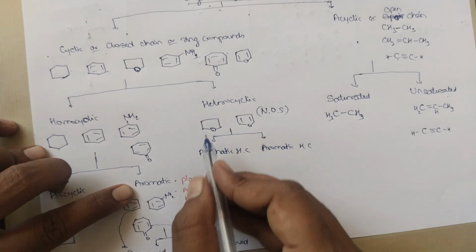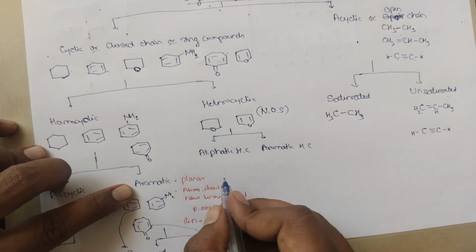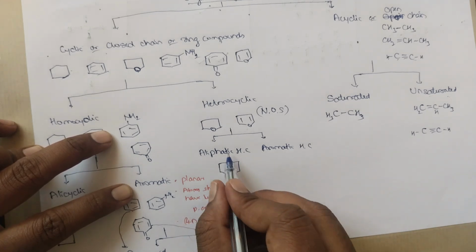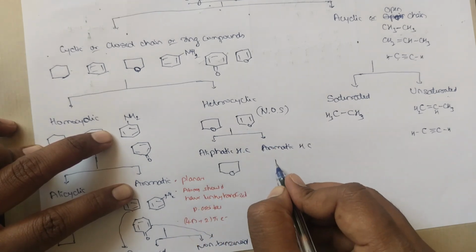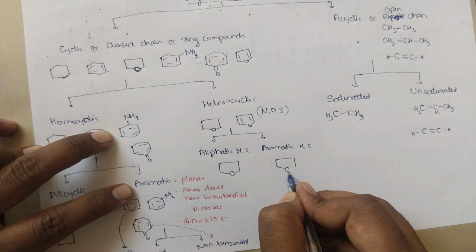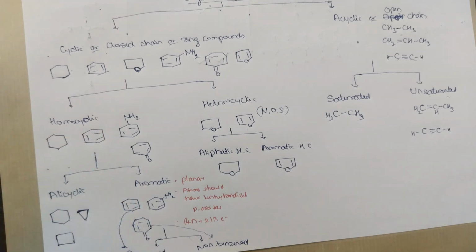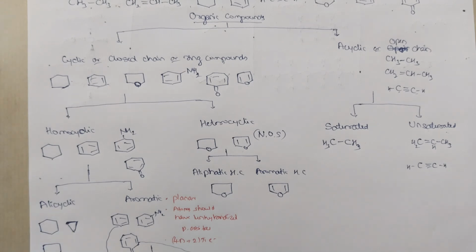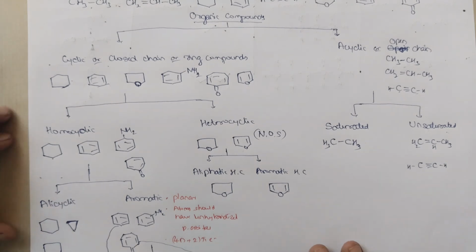Out of these two, there are no double bonds, so this is called aliphatic heterocyclic compound. This comes under aromatic heterocyclic compound. Okay, this is the classification of the organic compounds. Hope you understood this concept.